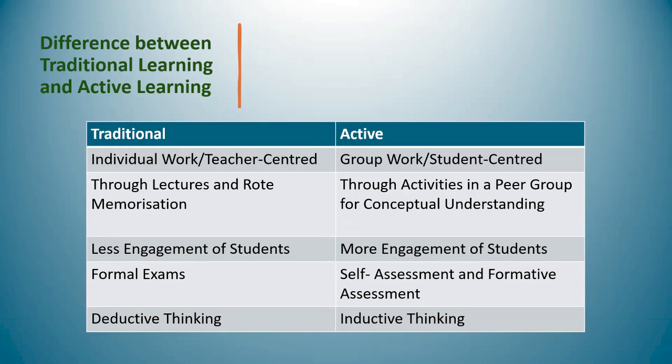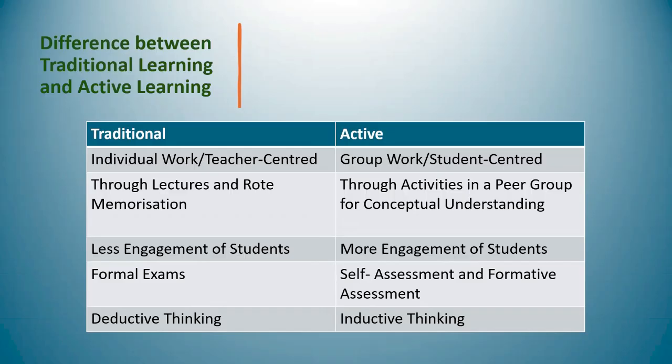Now there are two words, deductive thinking and inductive thinking. So traditional learning has got deductive thinking and active learning has got inductive thinking. So let's talk about deductive thinking first. Dear friends, it is a top-down process. I'm talking about deductive learning.